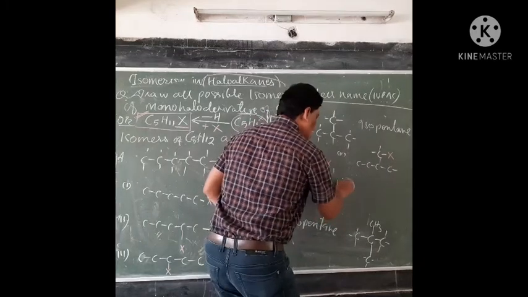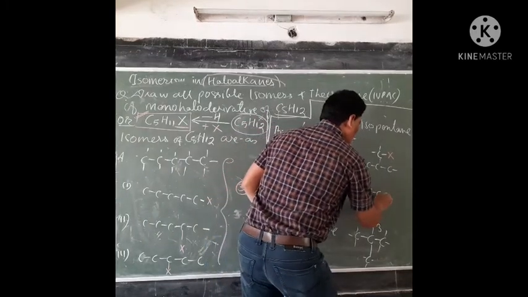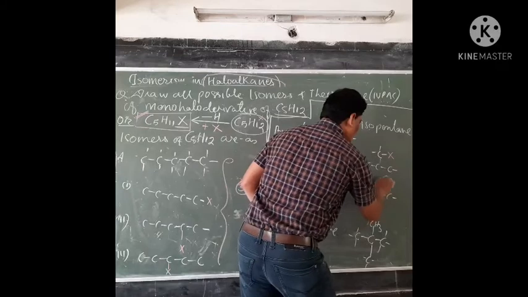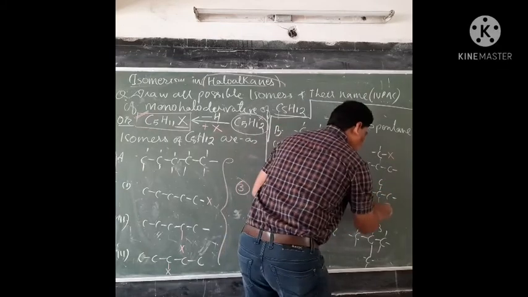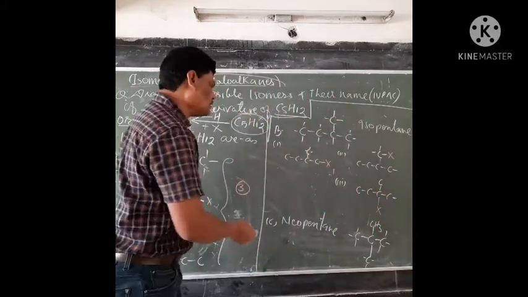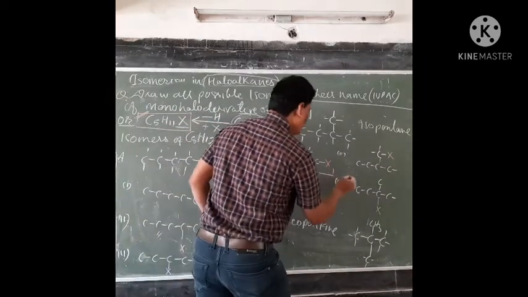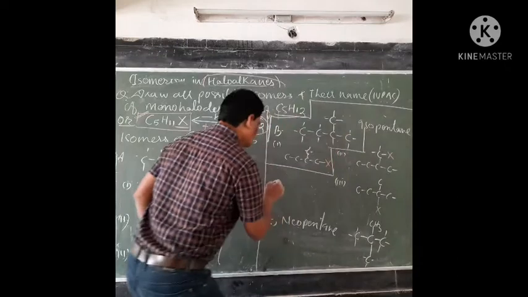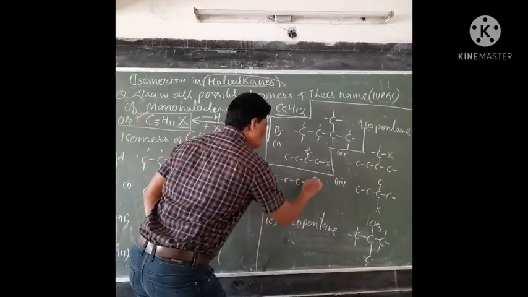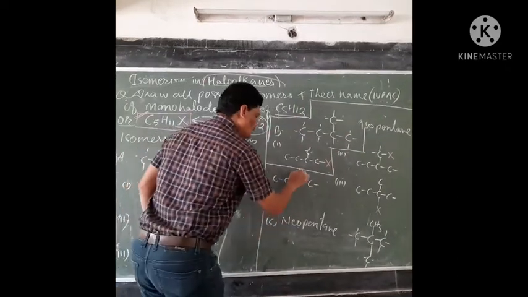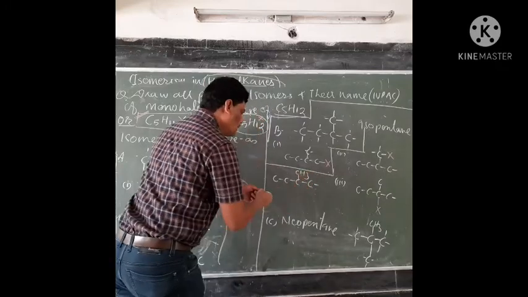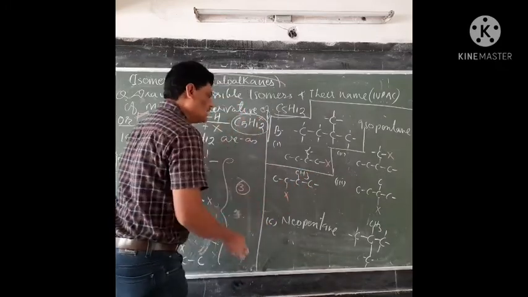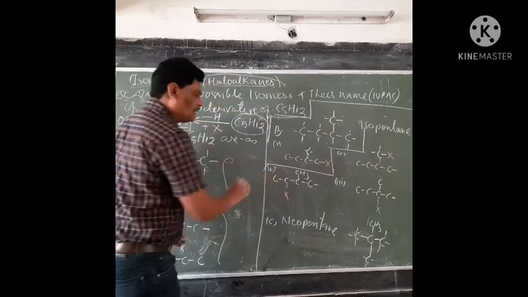The third possibility is to place X on this carbon. And one more possibility: 1, 2, 3, and 4, this is CH3, place X here. This one is the fourth possibility.